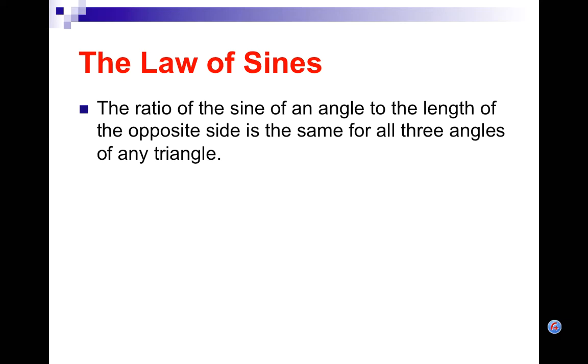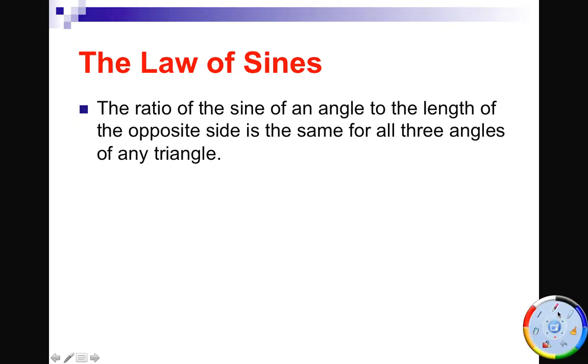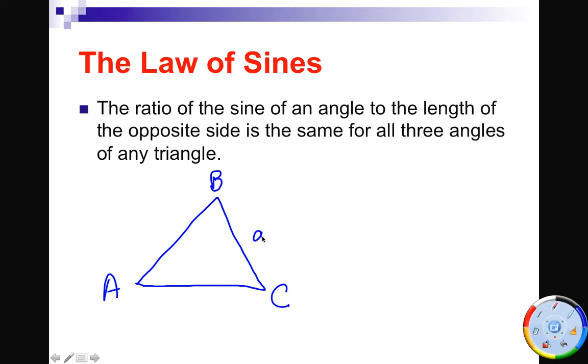So if we think about what that means before I just write down the equations, if I have some random triangle here, it's not a right triangle anymore, and if we label our angles big A, big B, and big C, you do need to know that our little a goes across from big A, little c goes across from big C, and little b goes across from big B.